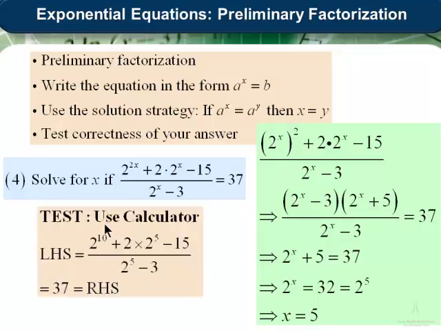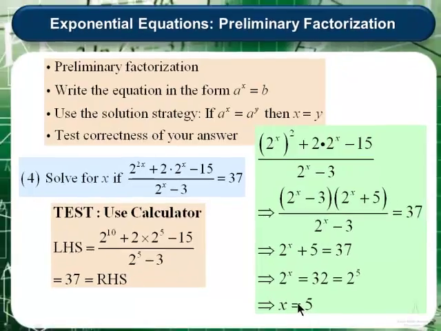And then all that is left is to test the correctness. Here you can use your calculator. So if x is 5, we get 2 to the power 10 plus 2 times 2 to the power 5 minus 15 over 2 to the power 5 minus 3. If you input this in your calculator, you find you get an answer of 37, which is the right hand side. So therefore this must be the correct solution.